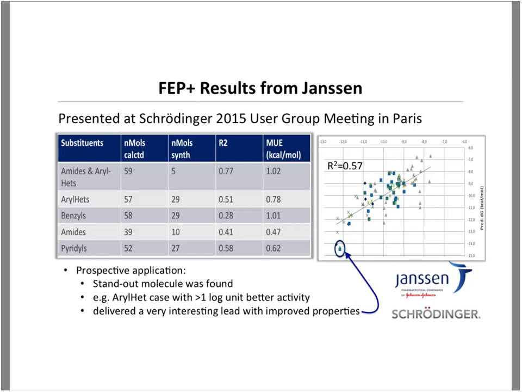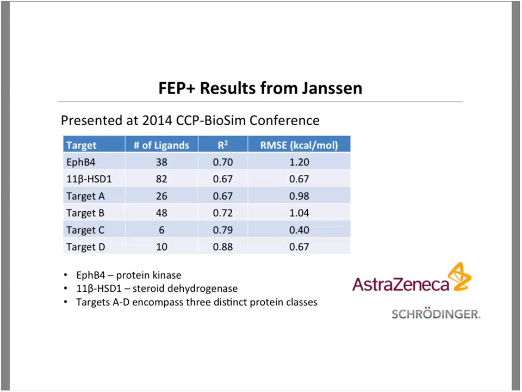This is an example from Janssen Pharmaceuticals that was presented at our user group meeting a year ago in Paris, where they applied FEP to several hundreds of compounds and were able to get a fairly good rank ordering for a number of those compounds, and found one compound in this heterocyclic class that had 1 log unit better activity than the reference compound, and was able to deliver a very interesting lead with improved properties.